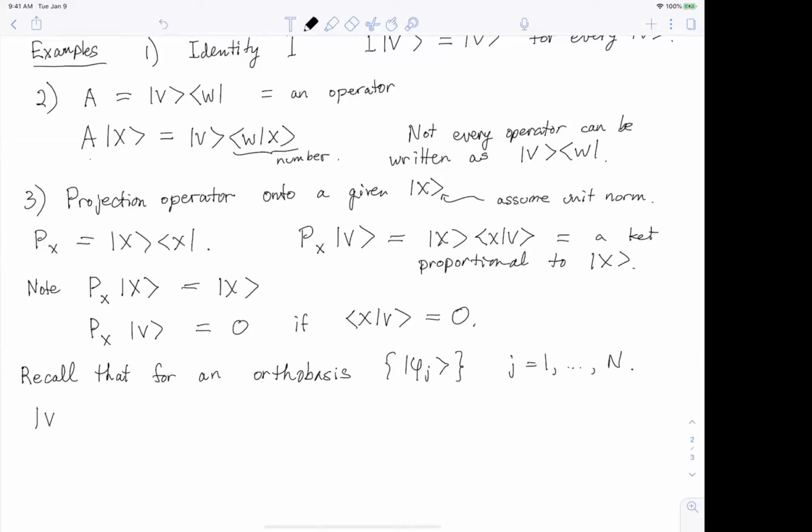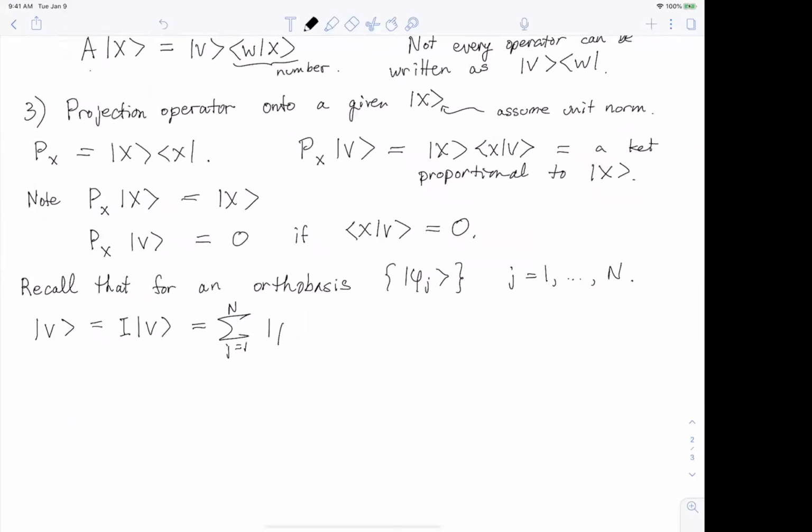Recall that you can write v, any vector, as, first of all, the identity operator acting on v, but it's also the sum from j equals 1 to n of |phi_j><phi_j|v>. That was something we derived last time. And now we recognize that each one of those things in the sum is just a projection operator. I could call it P phi sub j, but let me just call it P sub j to be a little bit shorter. And this is true for every v.